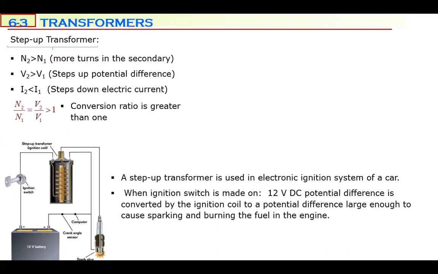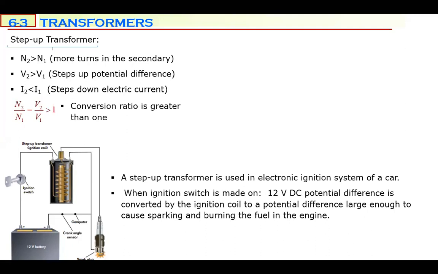You are making a kind of lightning inside the engine of your car, which is called spark. But this spark can be produced only with potential difference, which is almost 20,000 volt, 30,000 volt, 100,000 volt, which means you need a very, very big potential difference to start your car.